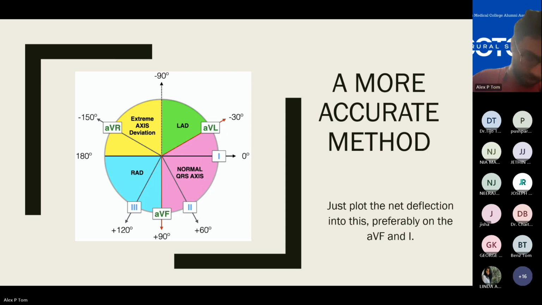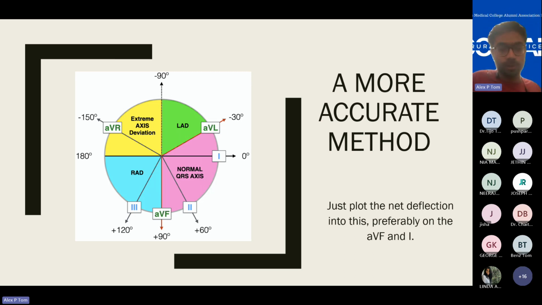Then look at AVF and the net QRS complex deflection in AVF. If it's positive, you plot it out a bit down here, and then look at lead 2 and plot it out there. Then if you find the intersection point of all these three plotted values, you will basically get where the axis is sitting.